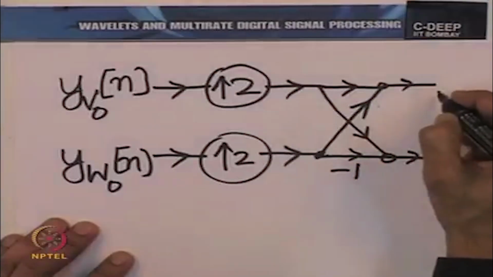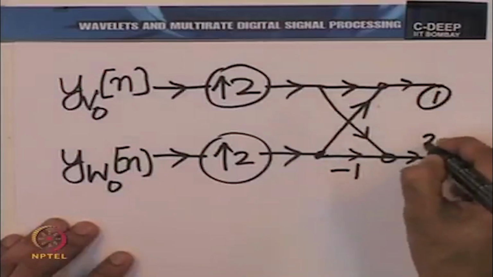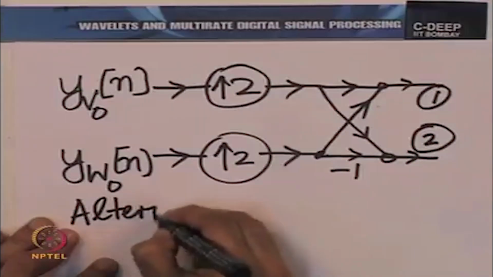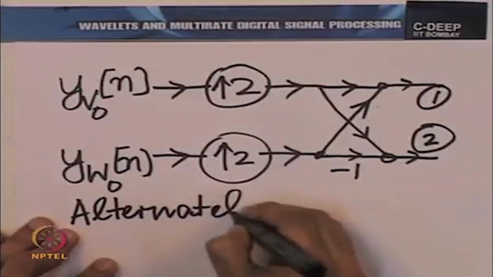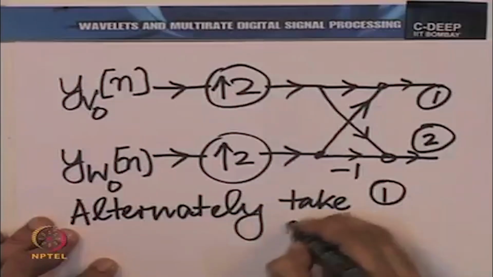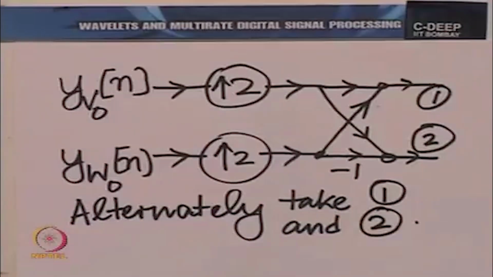So, let us write that down. Let us call this point 1 and point 2. Alternately take 1 and 2. Now, how do we express this using the upsampling operator that we have?